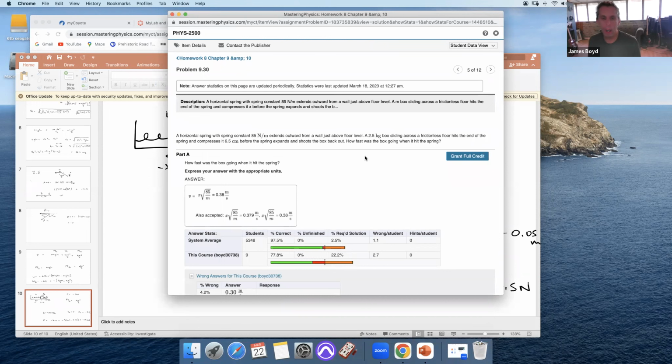Okay. In this case, we're going to have a spring with a spring constant of 85 newtons per meter, and a 2.5 kilogram box slides across a frictionless floor, hits the spring, and compresses it 6.5 centimeters before stopping.